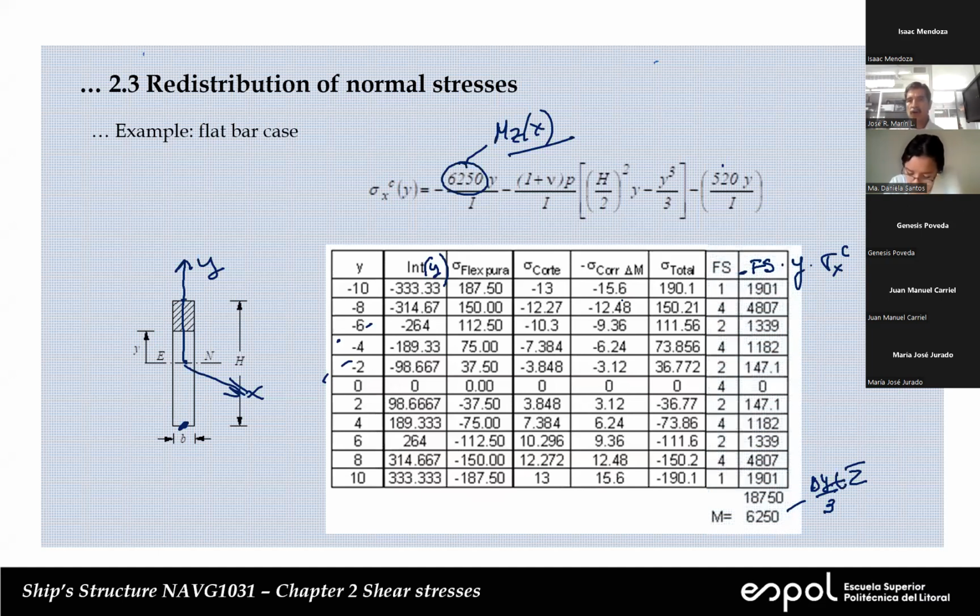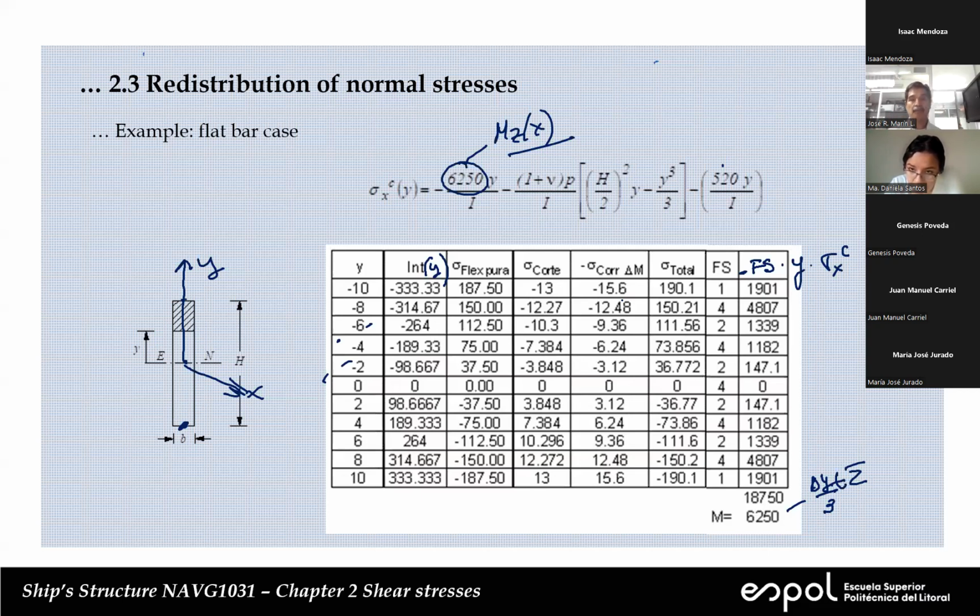Okay, so if we consider the three terms, we are away from the normal stress distribution from pure bending. We do this numerical integration, and still recuperate the bending moment in the section. So that means that we are in equilibrium again.